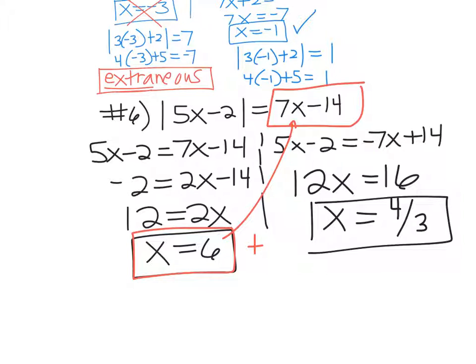If I plug in 4/3, 7 times 4/3 minus 14, that's a negative number. That can't be, right? I can't have an absolute value equal a negative number, so I can cross that out. Okay? So it's just a little bit of a shortcut. You still have to check, but if I plug that in there, this ends up being positive, this makes it negative, I need the positive one.